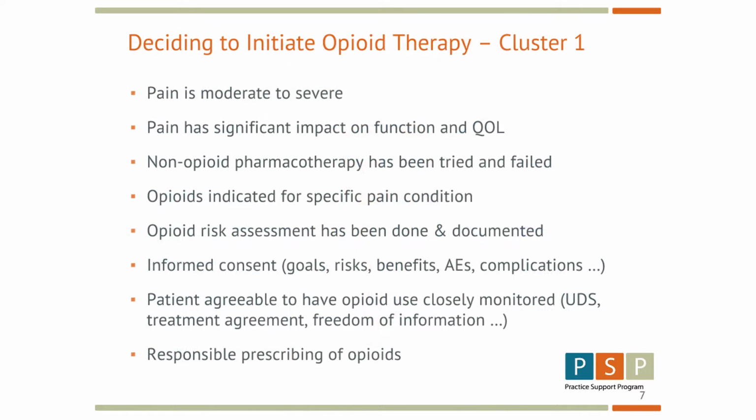Part of Module 1 in the National Opioid Use Guidelines is looking at all the factors that help us decide when we should even think about trialing opioids in a patient. So if pain is moderate to severe, if it has a huge impact on function and quality of life, maybe maximized non-opioid medications and strategies were already tried.